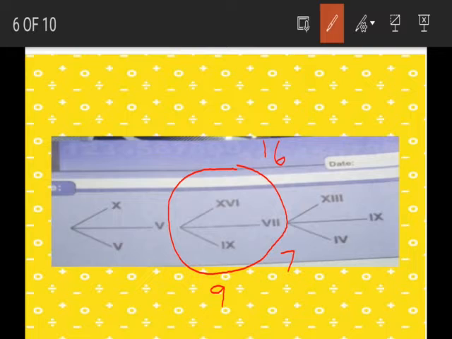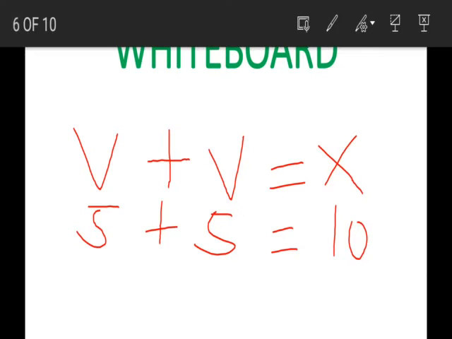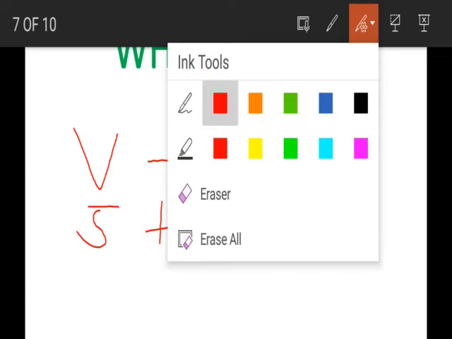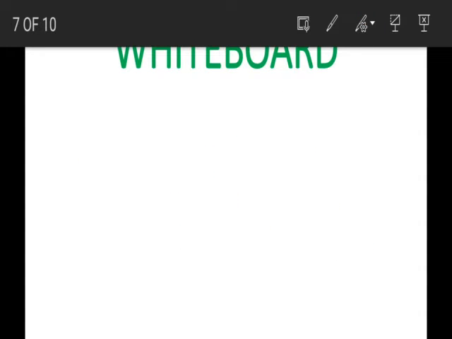Now, let's assume XVI was not given. How can we get our XVI? To get our XVI, let's make use of our board. That is 16. What you simply do, you are adding.